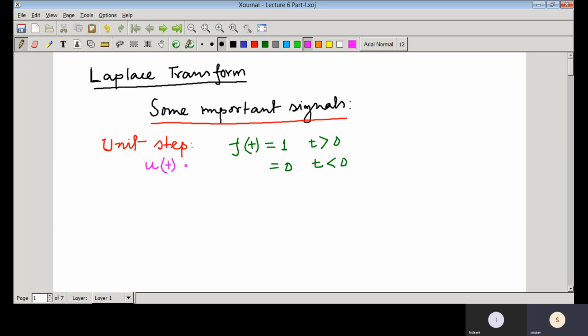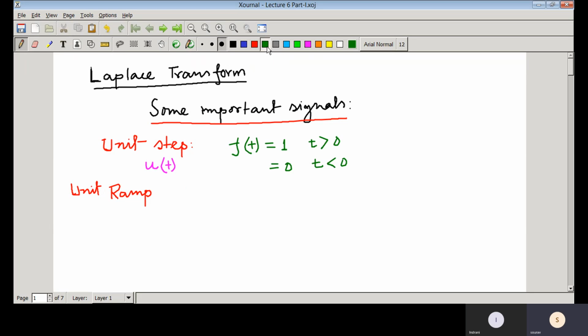The other signal is the ramp signal, and it is the unit ramp, so that means the slope is 1.